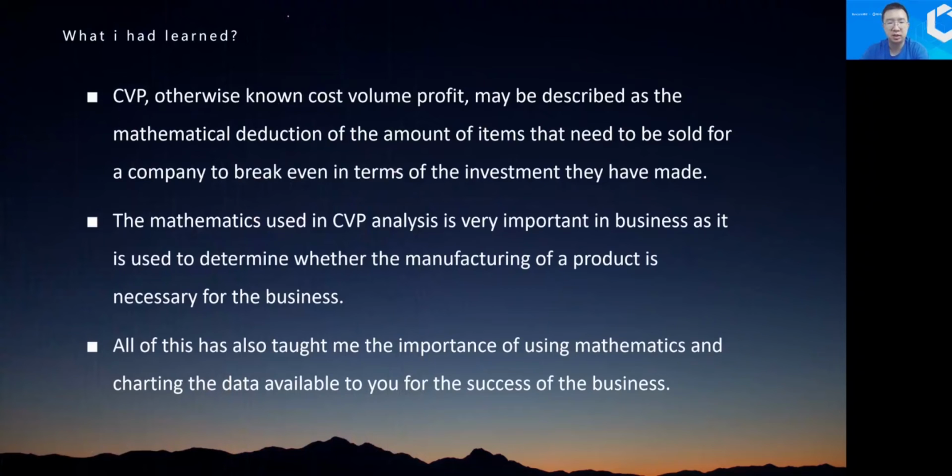The mathematics used in CVP analysis is very important in business as it is used to determine whether the manufacturing of a product is necessary for the business. All of this has also taught me the importance of using mathematics and charting for the data available to you to succeed in your future business.